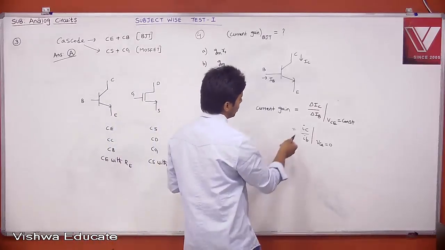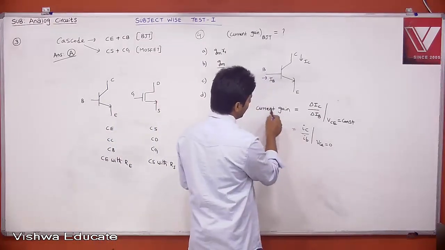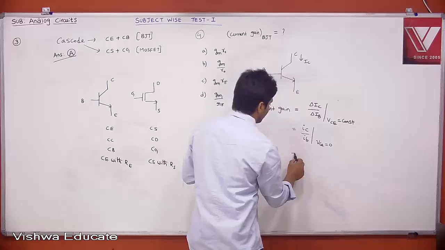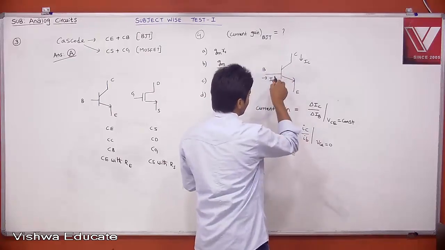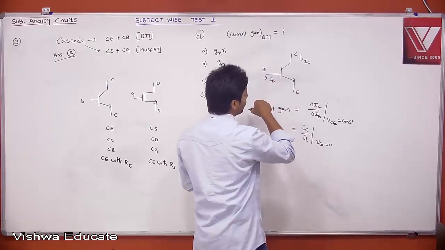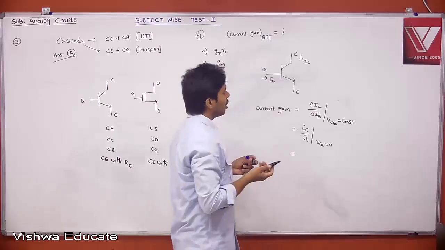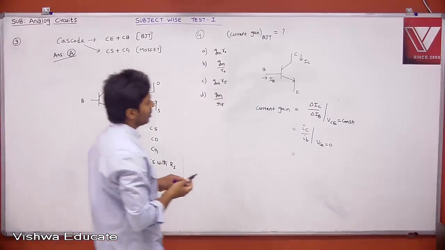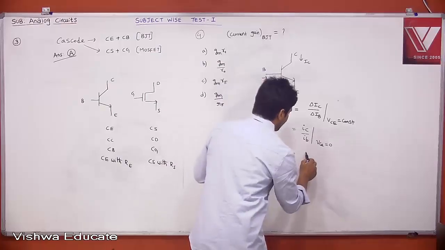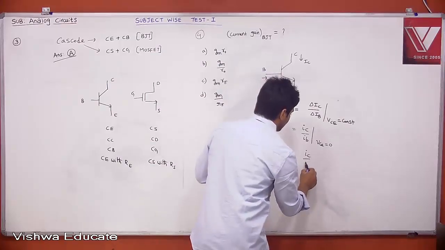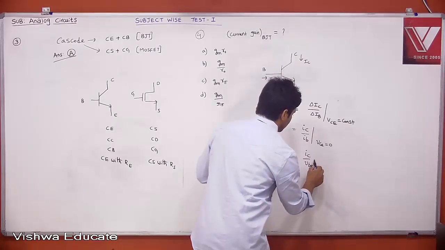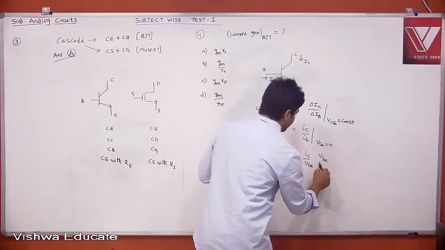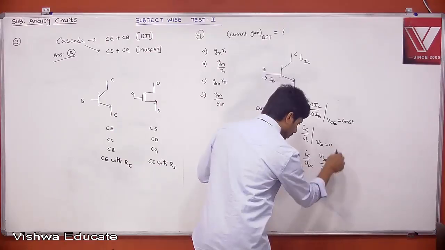Now we know, right? This is nothing but your current gain. Therefore, can I write IC is because of IB, then IB is because of VBE? I can write in a different way also, right? How can I write? Therefore, we can write like this: IC divided by VBE, then VBE divided by IB, keeping VCE constant.